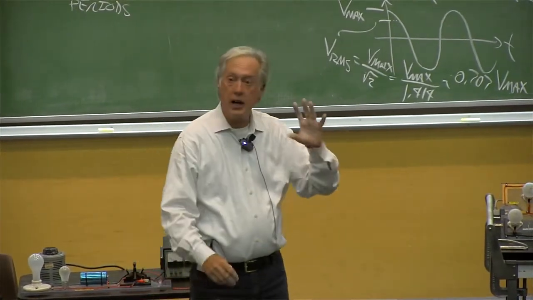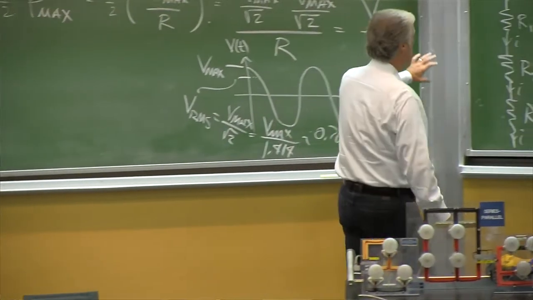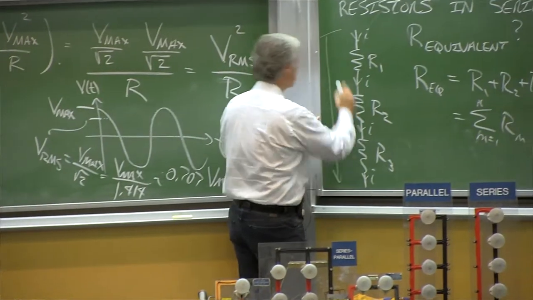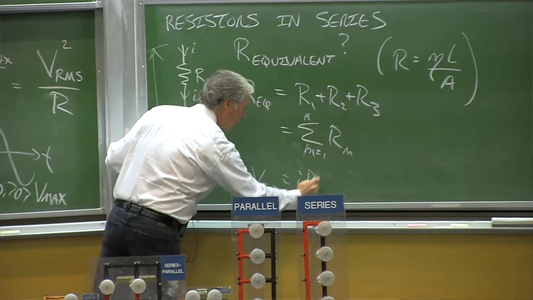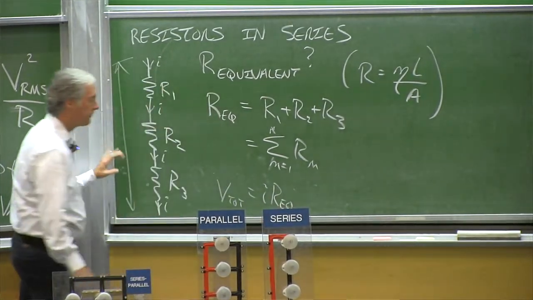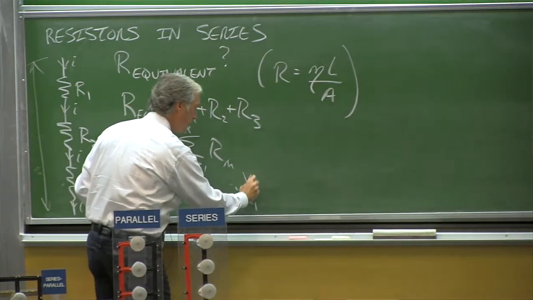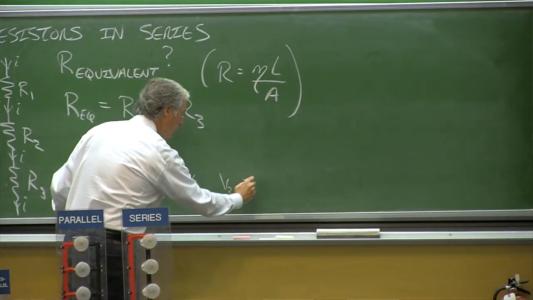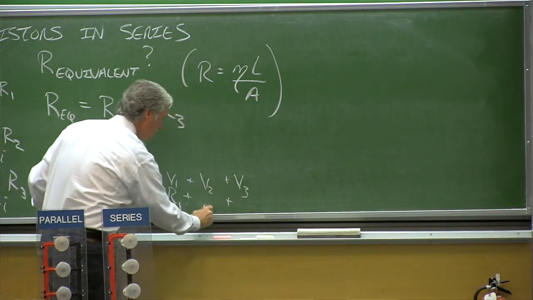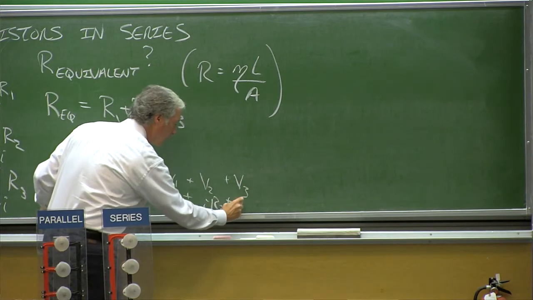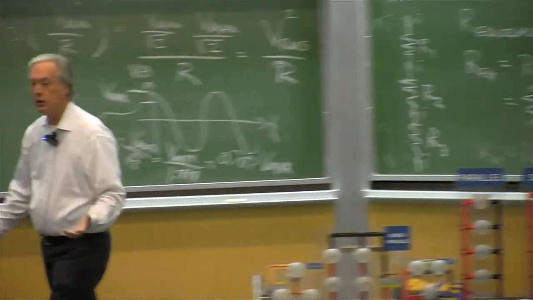Voltage total is going to be I times R equivalent, going all the way from here to here, and that has to be equal to V1 plus V2 plus V3, which is I times R1 plus I times R2 plus I times R3. So it's the same statement that we just had.